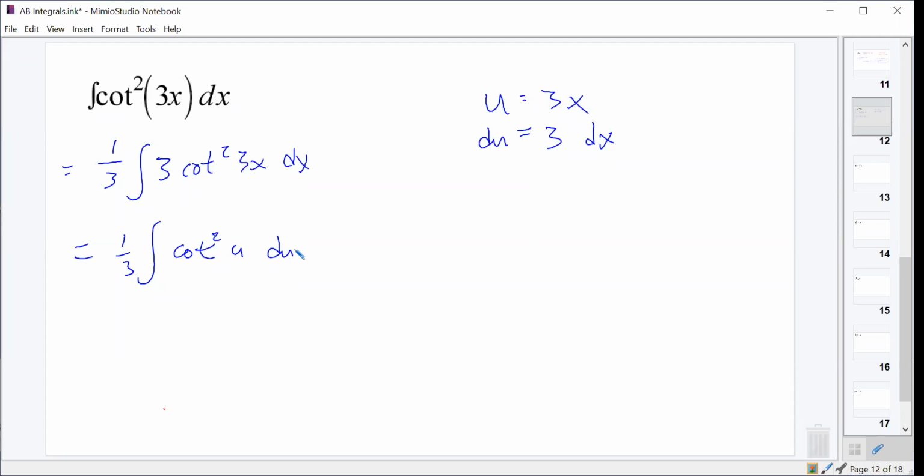I'll save you some of the time there. No, you don't have a rule for that. So that's a problem. So anybody have a good idea of how we can deal with cotangent squared u?